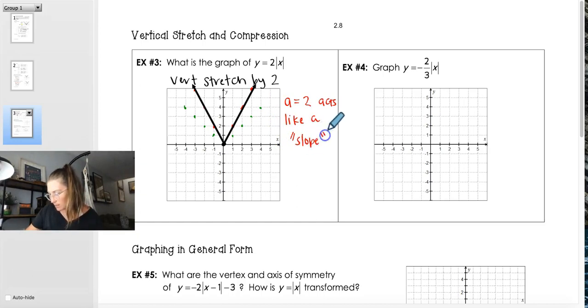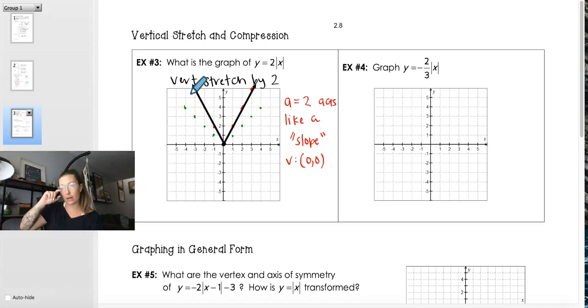It's not really a slope because this isn't a line, but it's 2 lines put together with my vertex at (0, 0). So it's saying rise over run, up 2 over 1, and that's what happened from (0, 0). Up 2 over 1, up 2 over 1, up 2 over 1. Same with the other direction. So that's another way to think about these.